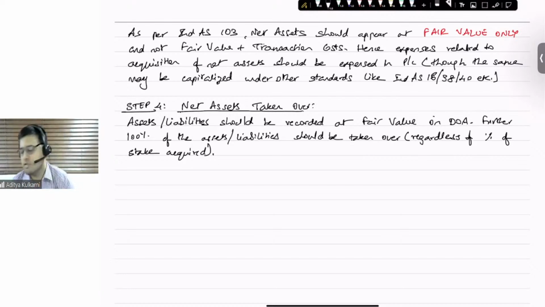Okay, so this is what you will have to remember. A couple of adjustments in net assets, we'll see that later. It's not a major thing.